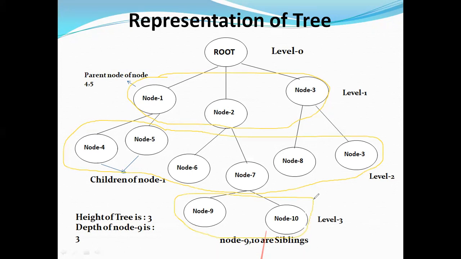So there are three levels over there. One is level 0, the root. One is level 1, that becomes node 1, node 2, node 3. One becomes level 2, that is node 4, 5, 6, 7, 8, let's say 3. And then level 3 is node 9 and node 10. So in this way, we can find the level of the nodes of the tree.